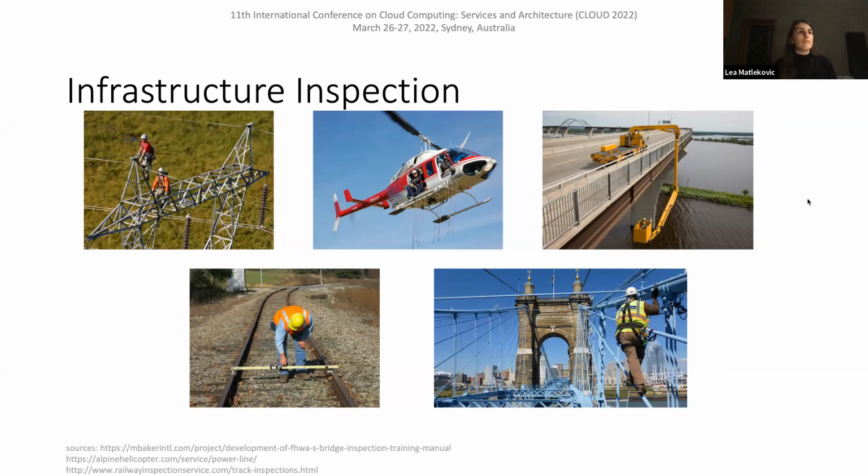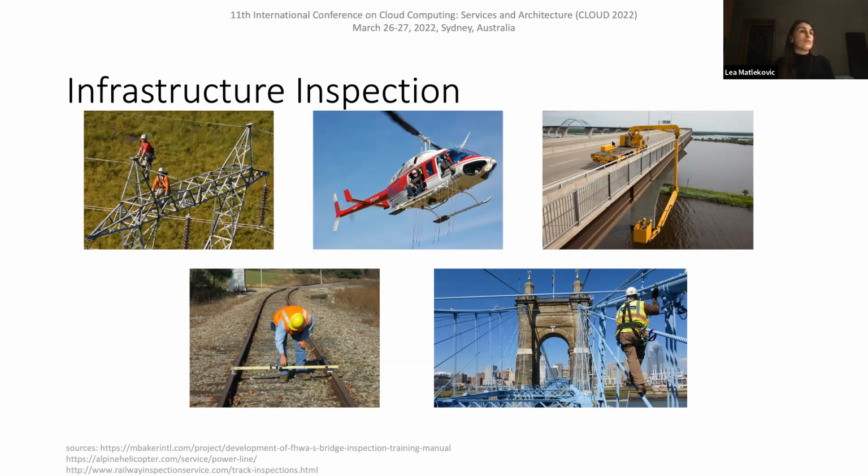What is the issue with this conventional inspection? It is a little bit dangerous for construction workers, and some previous research showed that falls from inspection sites are a leading cause of death among construction workers.